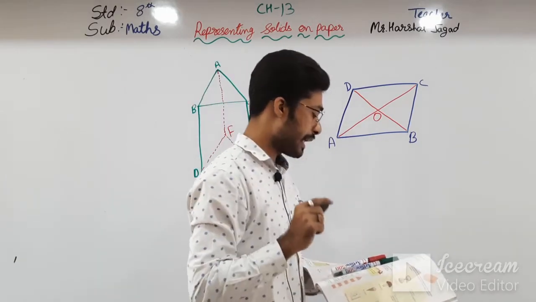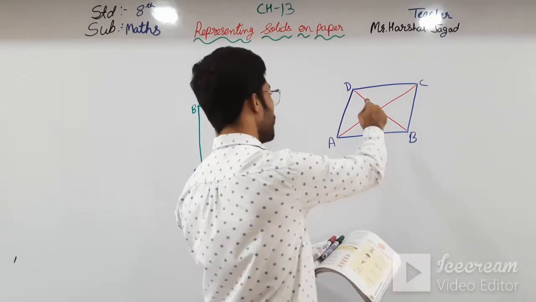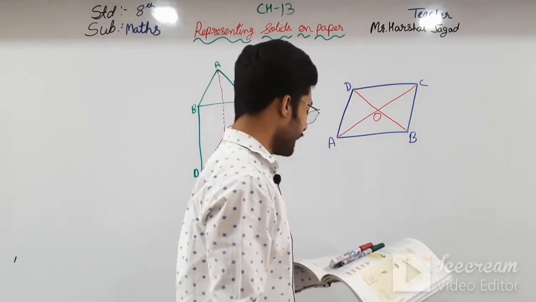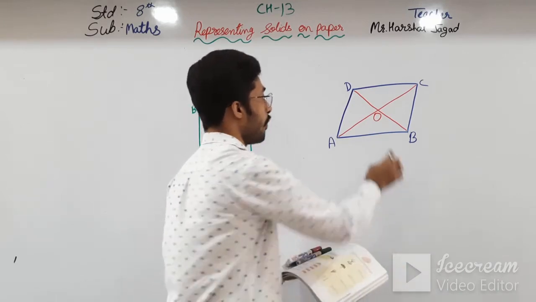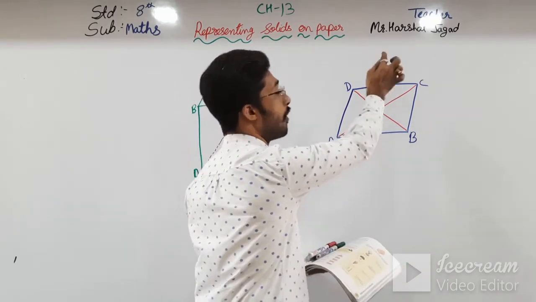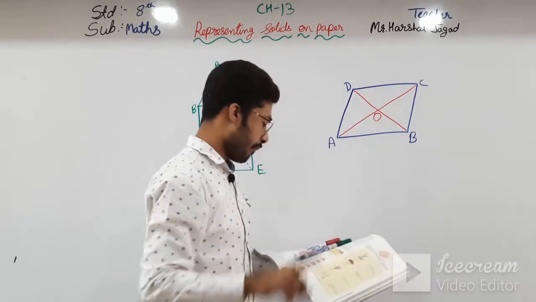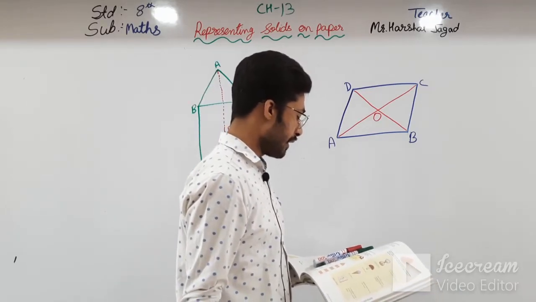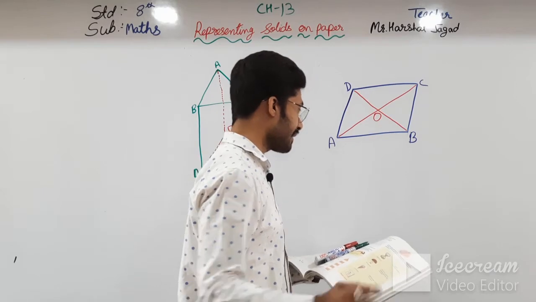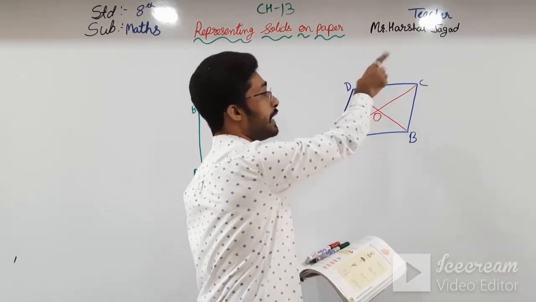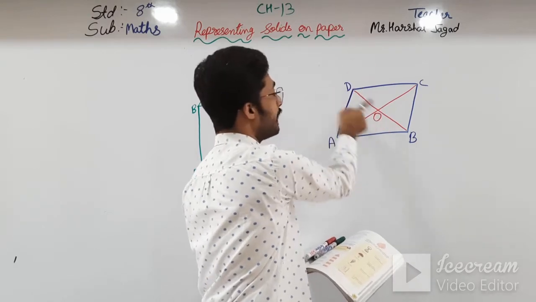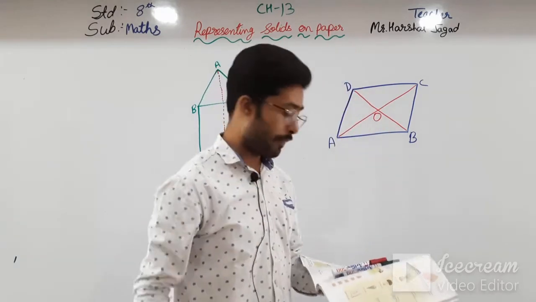We have to take a point P vertically above the meeting point of the diagonals O, means above the point O. PO should be perpendicular to ABCD, means AC should be perpendicular and DB also should be perpendicular.